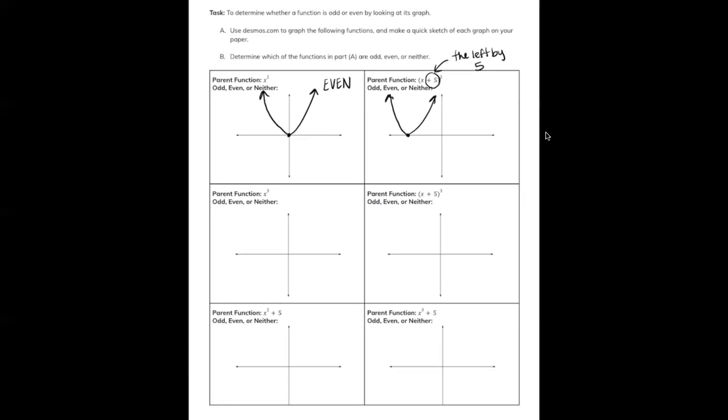So if it's not centered around the y-axis, this has to be neither. And you could see that if you wanted to plug in a negative x as well on Desmos. So you could plug in this to see what you get out.